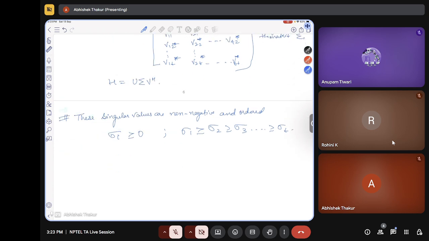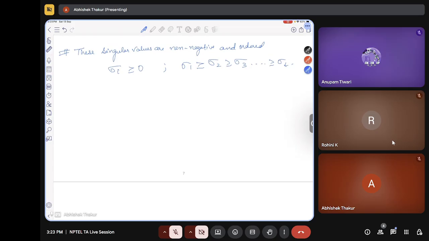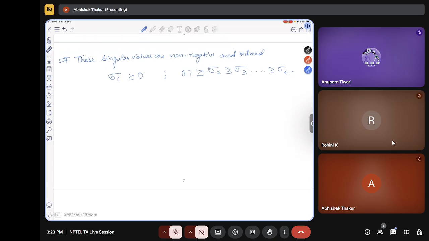So how to do the singular value decomposition of the channel matrix? That we will see by taking an example from the classroom.